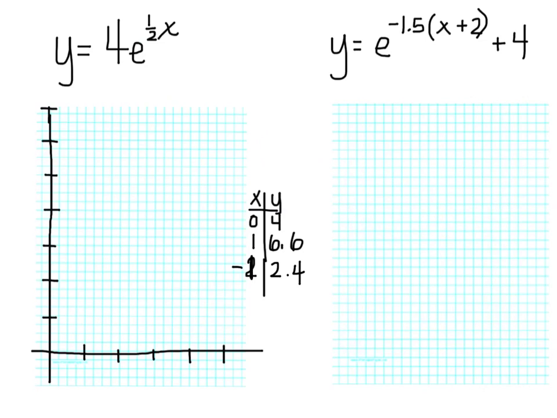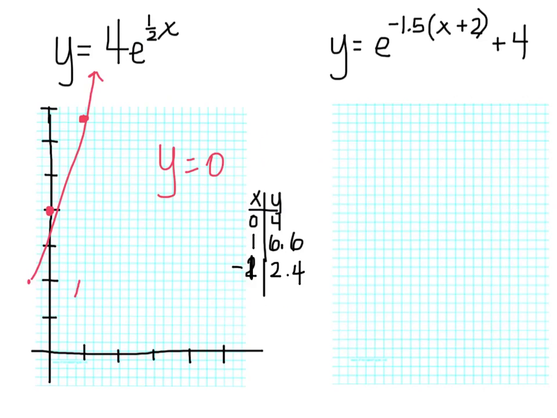I didn't draw this graph perfectly well, so 0, 4, 1, 6.6, almost 7, and -1, 2.4, which is going to be somewhere down here. And you'll see that this gives me growth. I haven't shifted up or down, so y equals 0 is still going to be the asymptote.